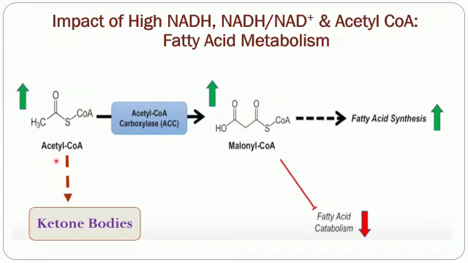The alteration in metabolism is that it will depress fatty acid breakdown, but in fact it will increase fatty acid synthesis. The fatty acids cannot move out of the liver, so they will start forming droplets in the liver tissue itself. So fatty acid catabolism will decrease and fatty acid synthesis will increase. And the other product that will form is ketone bodies, generally beta hydroxybutyrate.